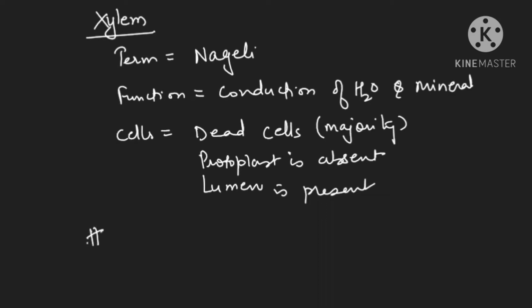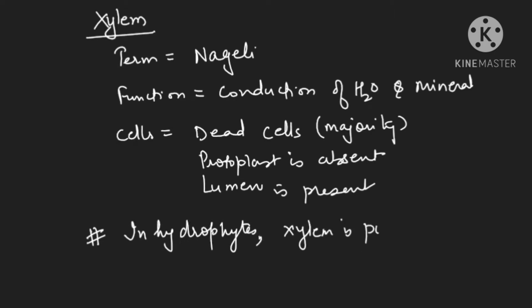Now, those plants which are found in the aquatic habitats are known as hydrophytes. So in hydrophytes, xylem is poorly developed. Reason is that they don't require the xylem for the conduction because they are already present in the water.